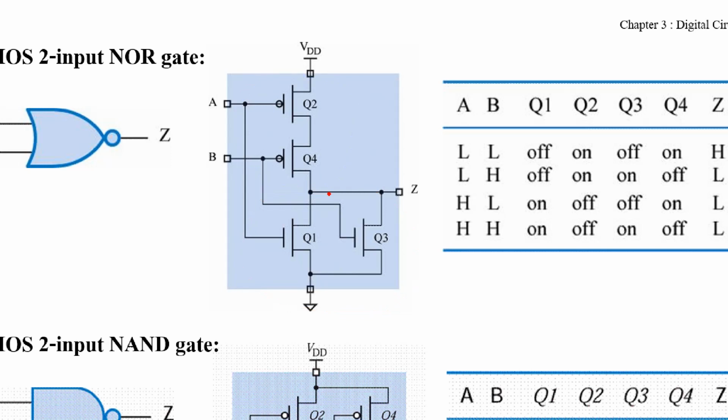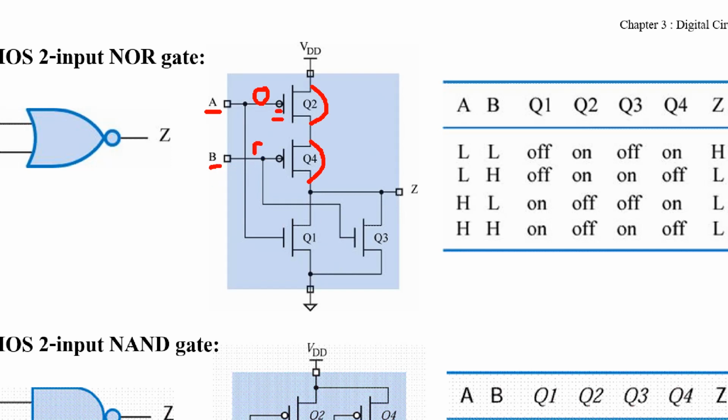For example, let me ask you when this output will be 1. The output terminal must have some part connected to VDD, right? So that means both Q2 and Q4 must be on. That means A must be 0, active low.